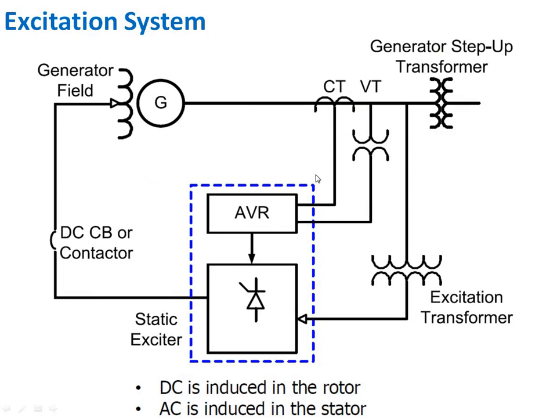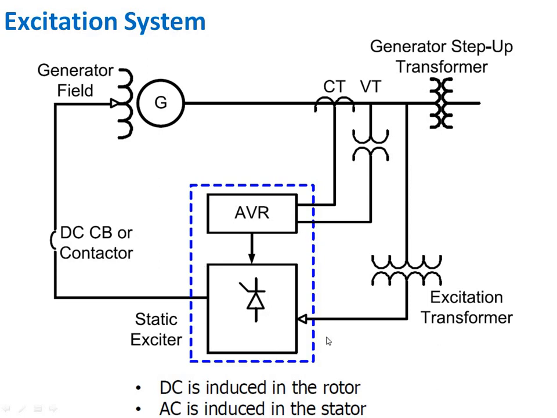So this is the same thing, but we will see in detail: CTPT connected to the AVR. Then there is an excitation transformer, a three-phase step-down transformer, which is connected to the controlled exciter.